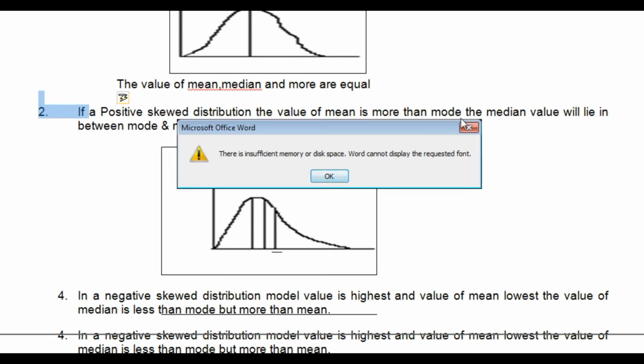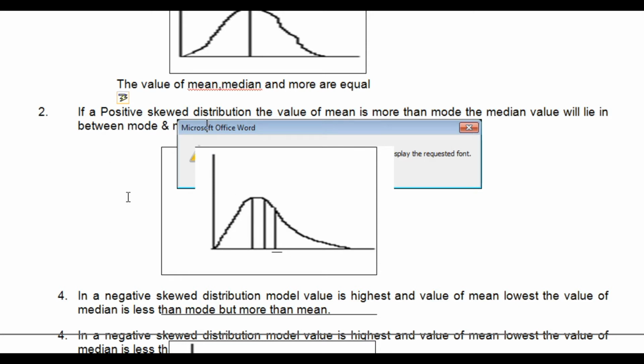The second one is the positively skewed distribution. In case of positively skewed distribution, the value of mean is greater than mode, but median is in between the mean and mode.